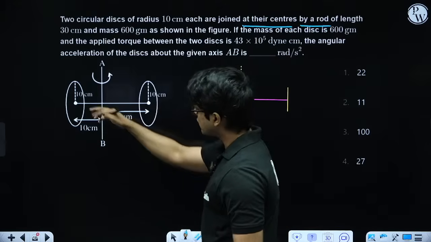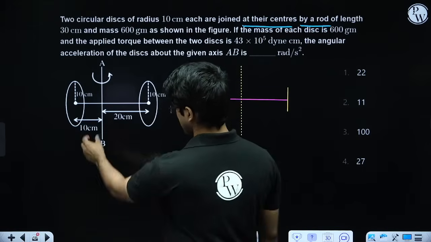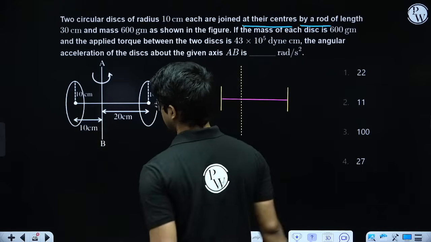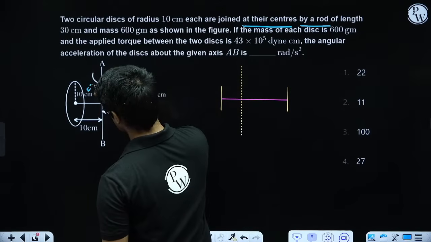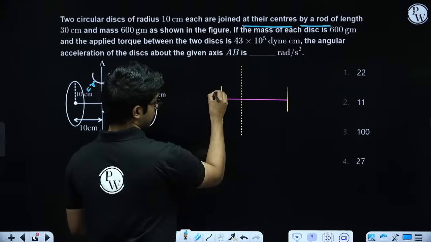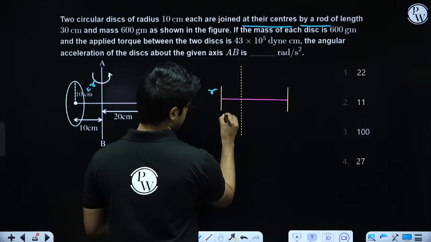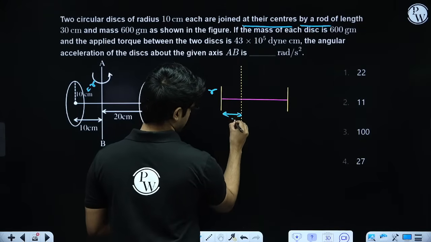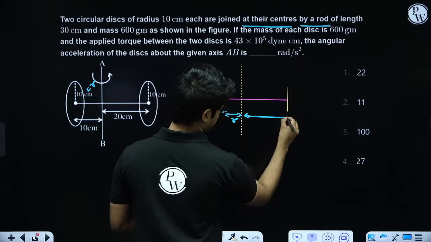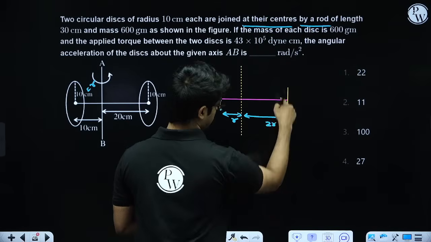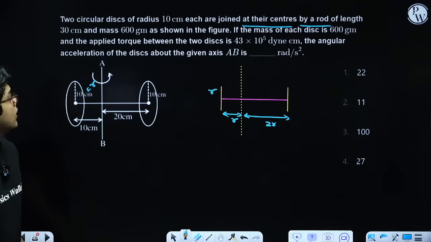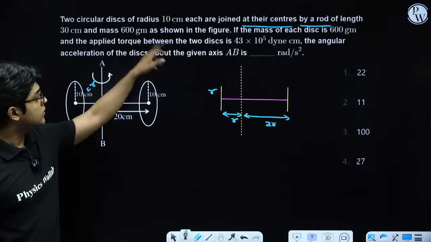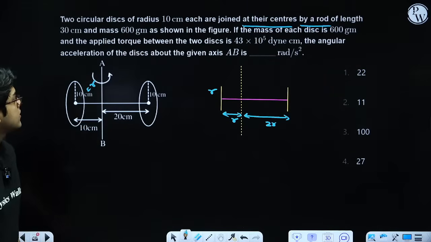So instead what we'll do is, the radius is 10, so we'll just take it as R for now rather than substituting everything. So the radius of the disc is R, this distance is also R, and this distance we'll take it as 2R. Similarly, the radius of the other disc is also R. Alright, so now the mass of everything is the same, 600 grams.